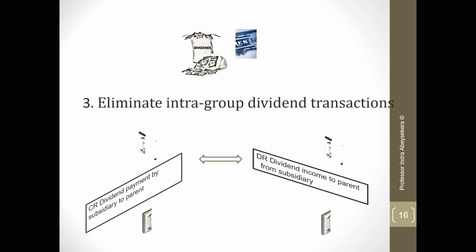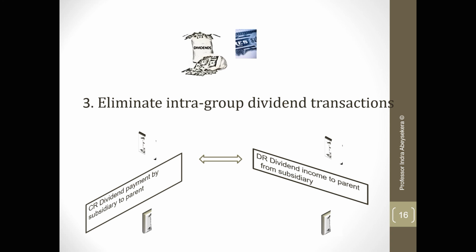I'm going to now talk about eliminating intragroup transactions. When we are eliminating intergroup transactions, it is the dividend that we pay from subsidiary to the parent that we have to eliminate.